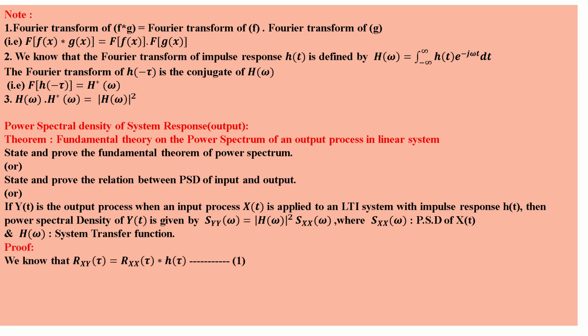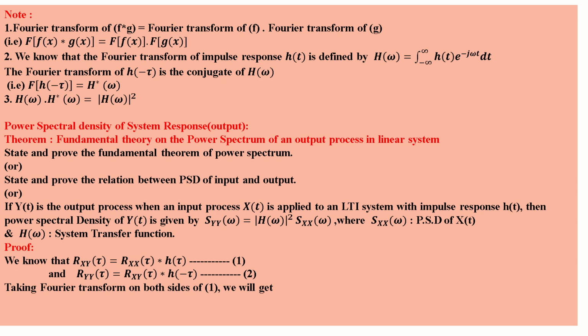We'll see the proof. We know that Rxy of tau is equal to Rxx of tau star h of tau. That is equation number 1. And Ryy of tau is equal to Rxy of tau star h of minus tau. That is equation number 2. Taking the Fourier transform on both sides of 1, the Fourier transform of Rxy of tau is equal to the Fourier transform of Rxx of tau star h of tau.